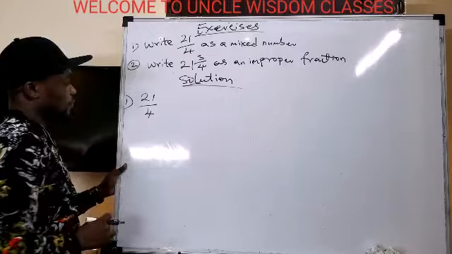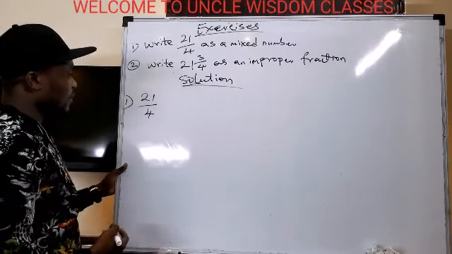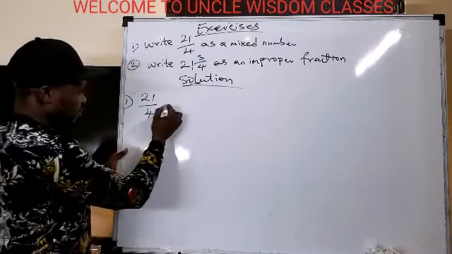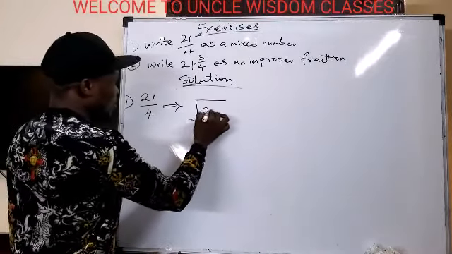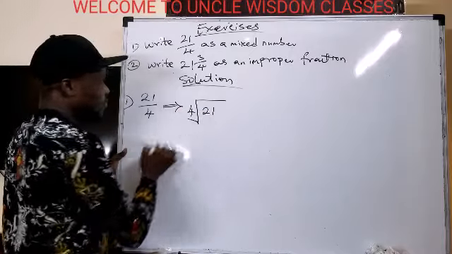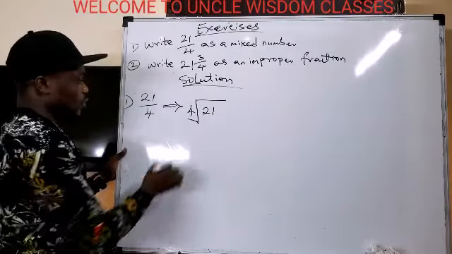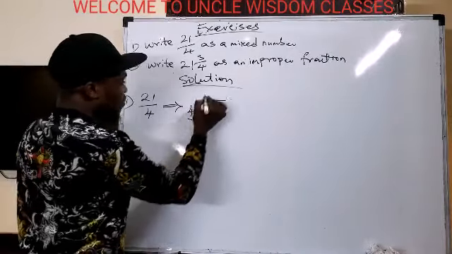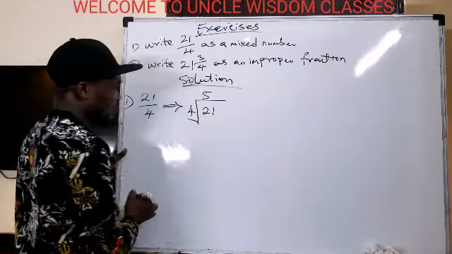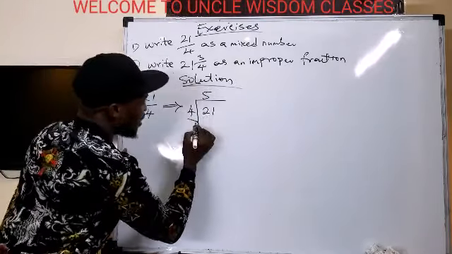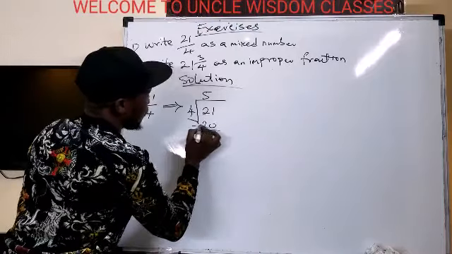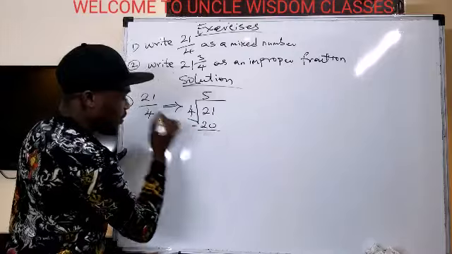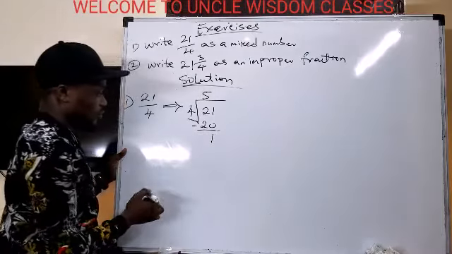To write it as a mixed number, this implies 21 divided by 4. 21 divided by 4 will give us 5. 5 multiplied by 4 will give us 20. And 21 minus 20 will give us 1.